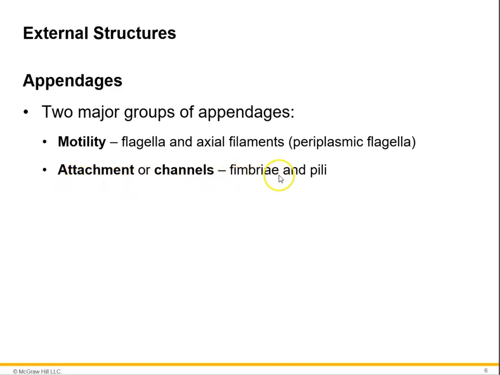So you've got fimbriae, which are going to help the organism attach to surfaces or to other cells. Then you have the pilus, plural pili, and this is used specifically for bacteria to attach to another bacterium and transfer genetic material, and that's a process called conjugation. We'll talk about that in more detail later on.